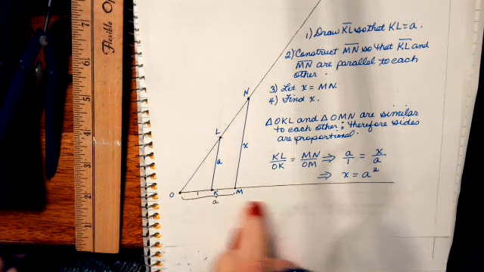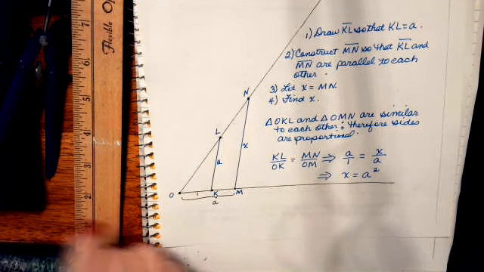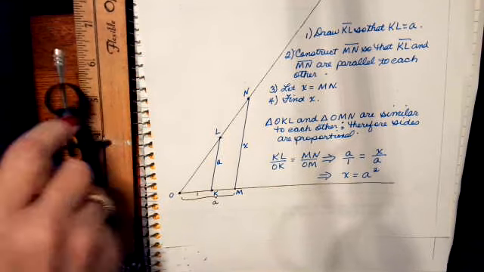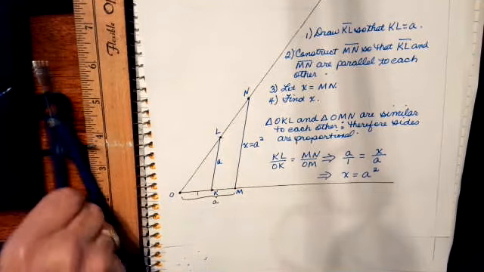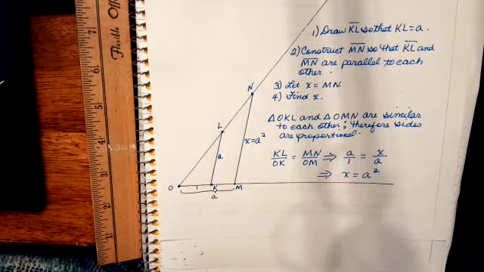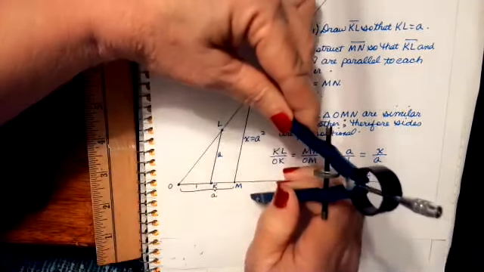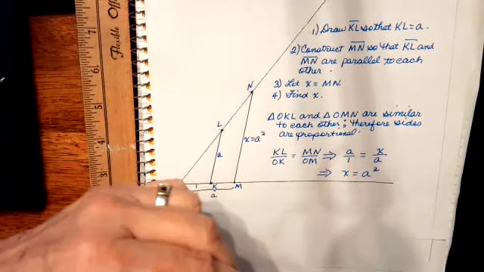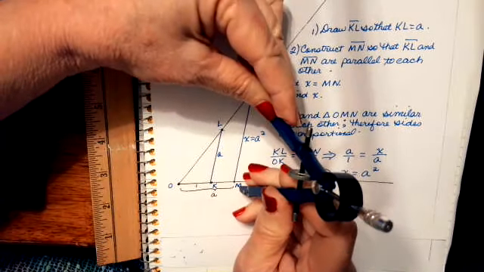Now, what would you do to get A to the third? Well, I would take the length here. This X is equal to A squared. I would mark off A squared. Oh, too big. That's pretty close.